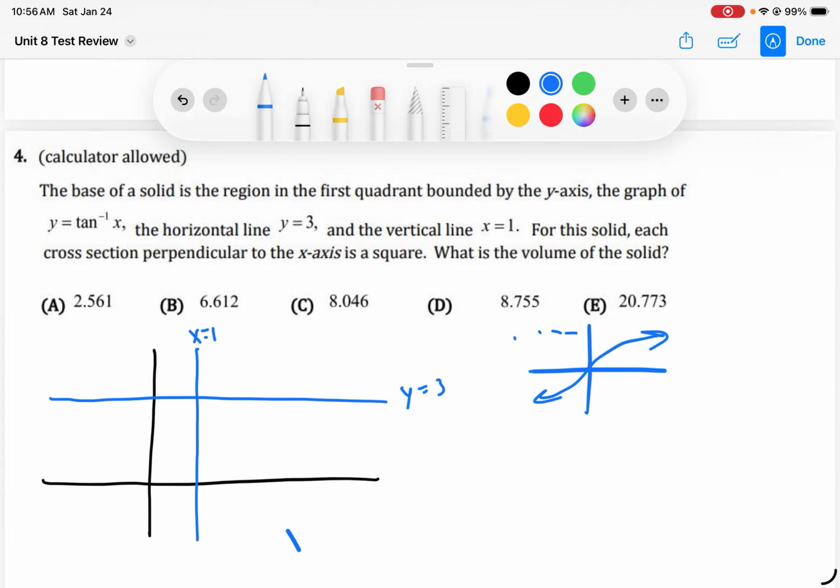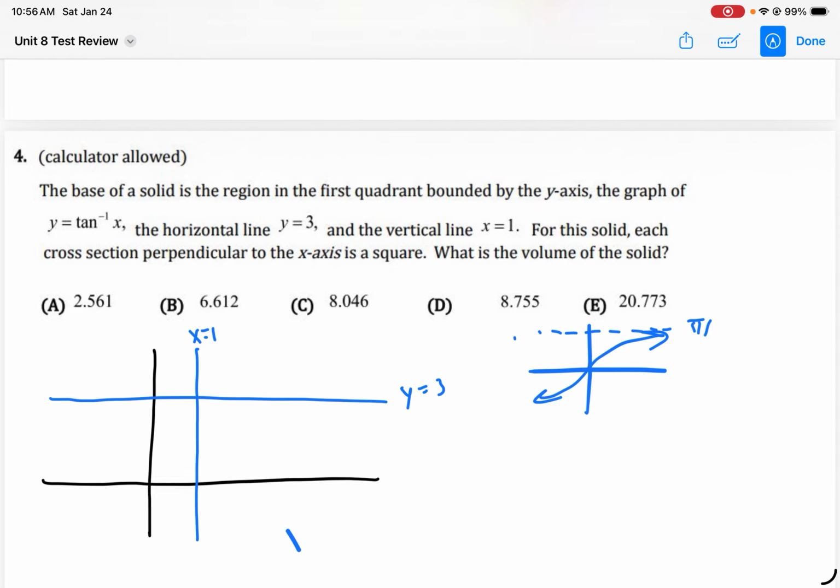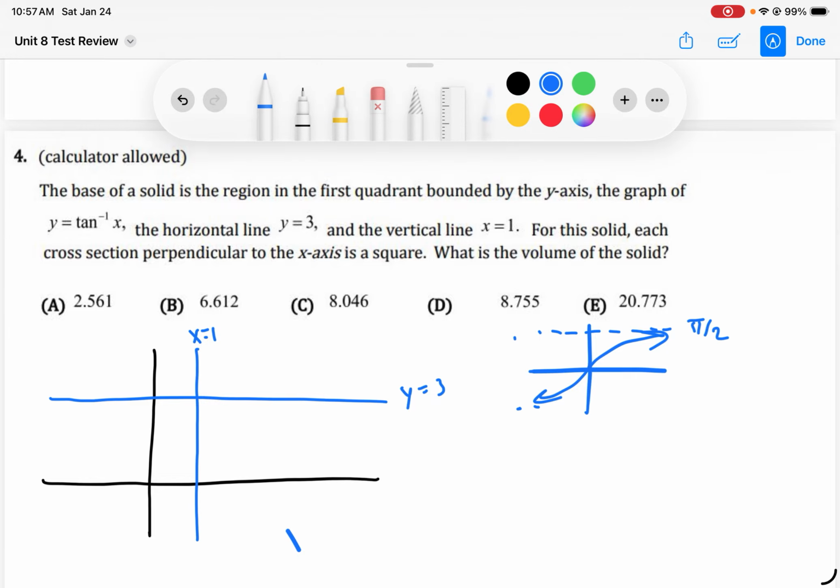It looks like this, where it's got an asymptote at pi over 2 and negative pi over 2. I don't know if we've added that to our memory sheet yet. We probably will soon. So that tells me this goes up like this. Pi over 2 is not quite, so maybe a little less.